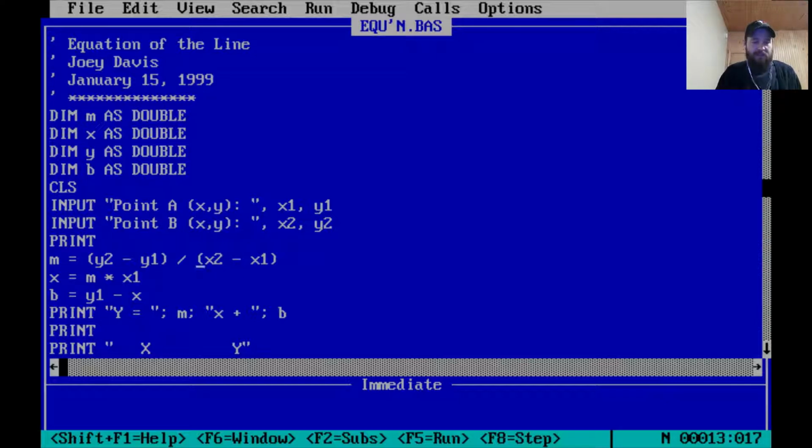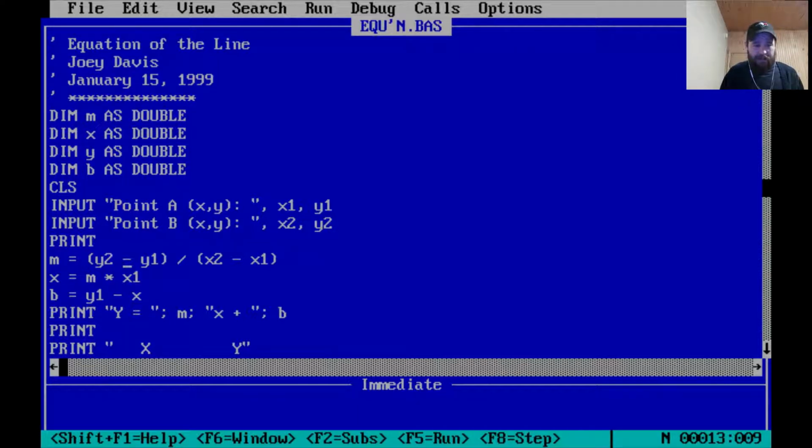But that wouldn't have saved any typing. So I'm glad I didn't use arrays for this program, because that would have been overkill. All right, so I'm getting the x1, y1, x2, y2, and then I'm calculating the slope. Slope is rise over run, the difference of your y's divided by the difference of your x's. And that calculates my slope.